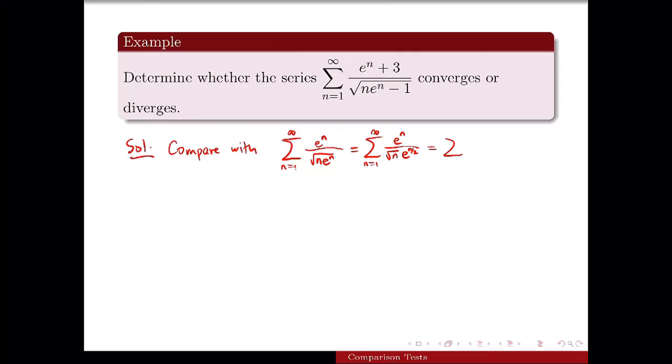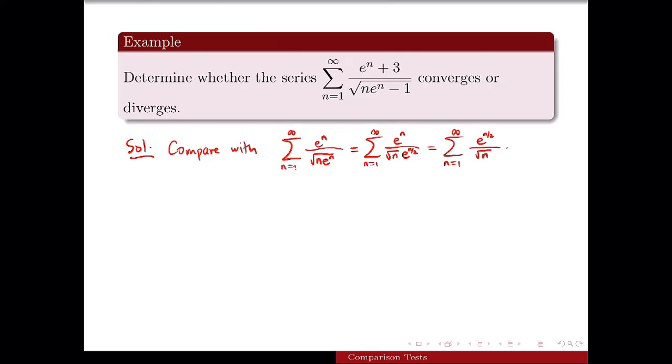And this guy here, you have e to the n over 2 divided by square root of n, from 1 up to plus infinity.